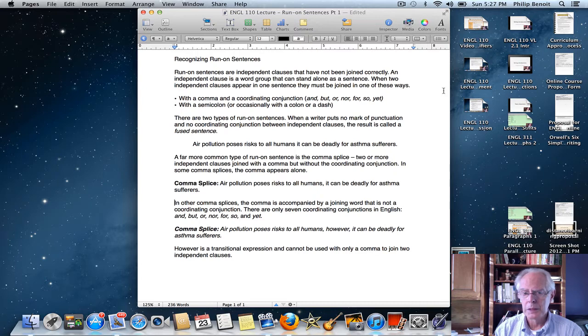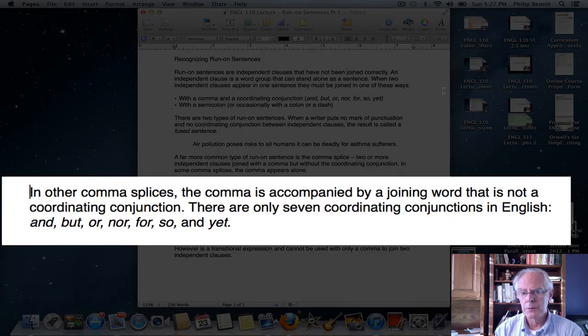In other comma splices, the comma is accompanied by a joining word that is not a coordinating conjunction. And it says here, there are only 7 coordinating conjunctions in English, and we reviewed them up above. Here they are again. And, but, or, nor, for, so, and yet.